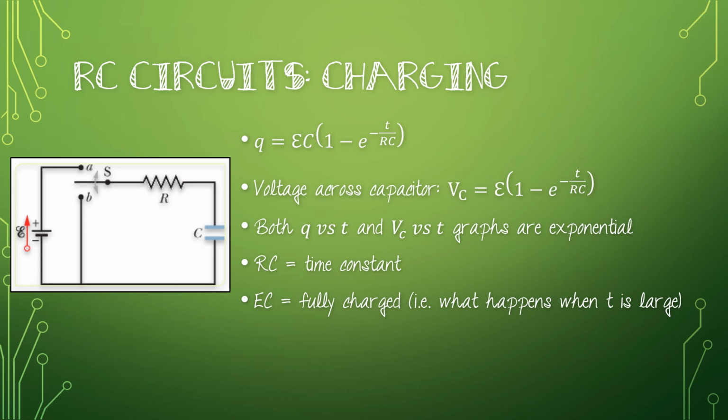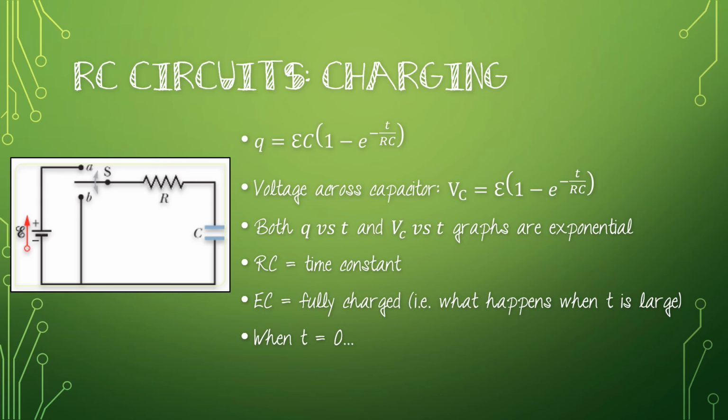The reason this would happen is because once we have a fully charged capacitor, no more current can flow, and that means that the voltage across your resistor is going to be 0, since it won't have any current flowing through it. When time is equal to 0, a capacitor basically acts like a wire, offering pretty much no resistance, and so you can almost pretend like the capacitor's not there at the very beginning.